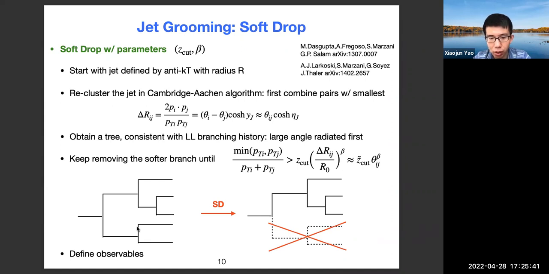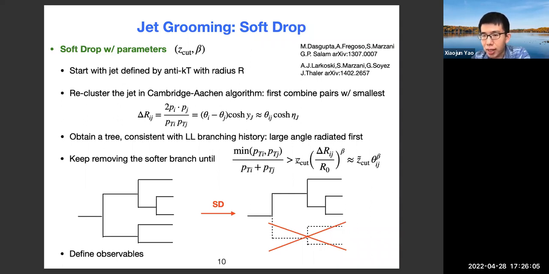So we go through every dot of the branching here, and we keep removing the softer branch until a criterion is satisfied. And this criterion is called the soft drop stopping or termination criterion. So basically, we take the transverse momentum of the two daughter branches, the i and the j branches, and we calculate this quantity.